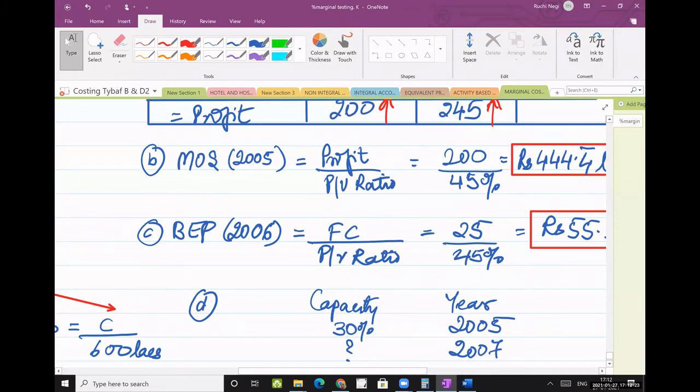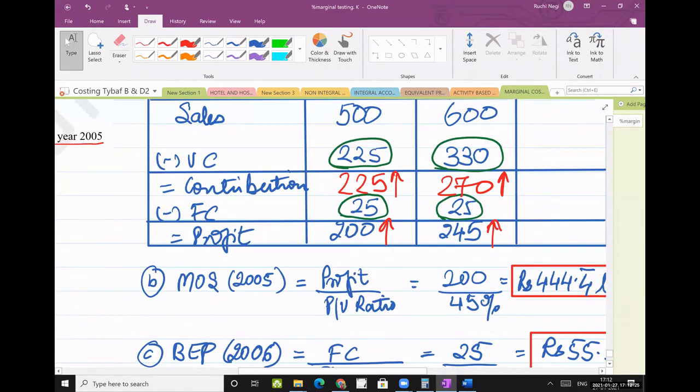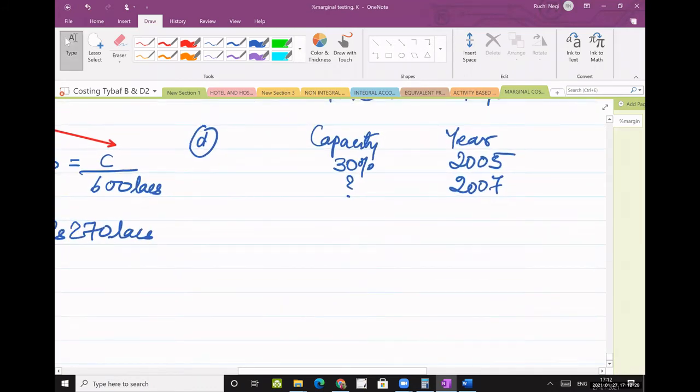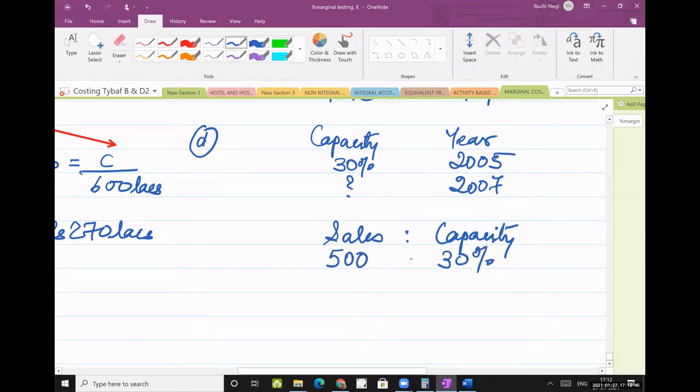So capacity will always be in terms of sales. What is the sales of 2005? 500 lakhs is the sales, and that time capacity was 30%.